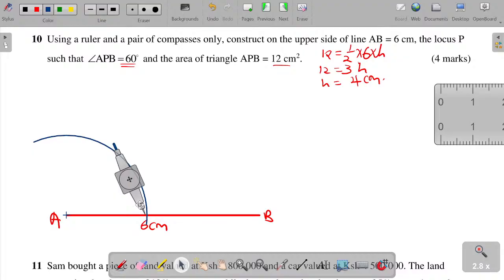Because for me to construct 30 degrees, I first need to construct 60 degrees. Then after that, I also need to bisect this.